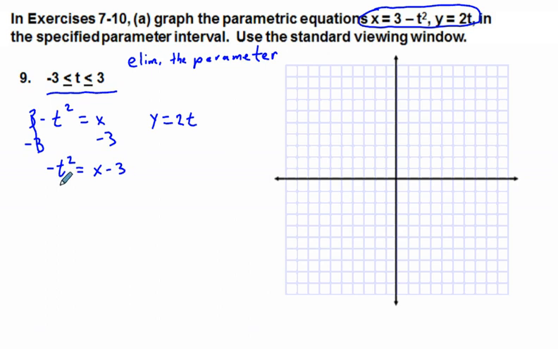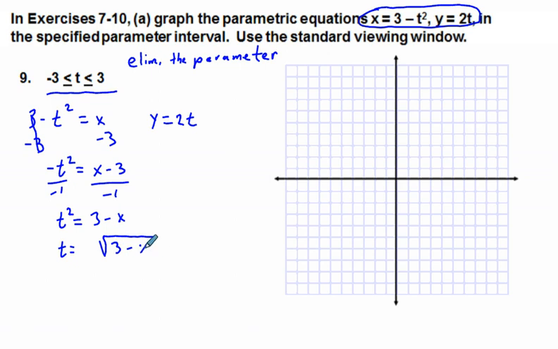And if we divide by negative 1, we get t squared is equal to 3 minus x. And then if we take the square root of both sides of this equation, we have t is equal to the square root of the quantity 3 minus x.